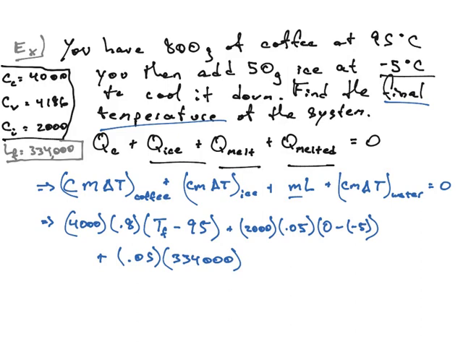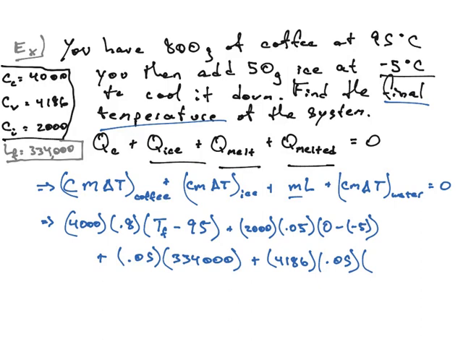Last term, Cm delta T for the now melted ice. The now melted ice is now water, so C for water is 4186. The mass of the water is the same as the mass of the ice because that's what it was. It was ice. It's now water. So it's the same mass, 0.05. TF, the final temperature of the water, is whatever the final temperature of the coffee will be.